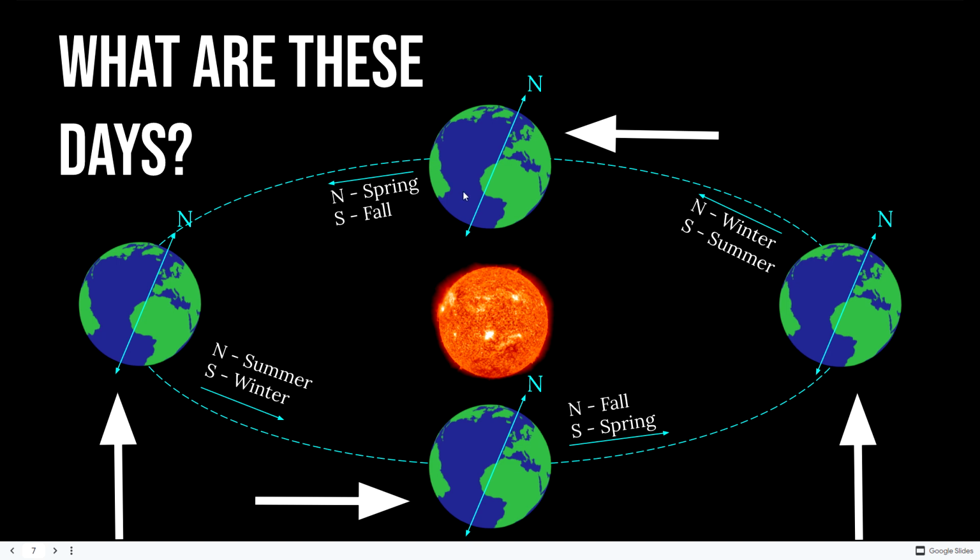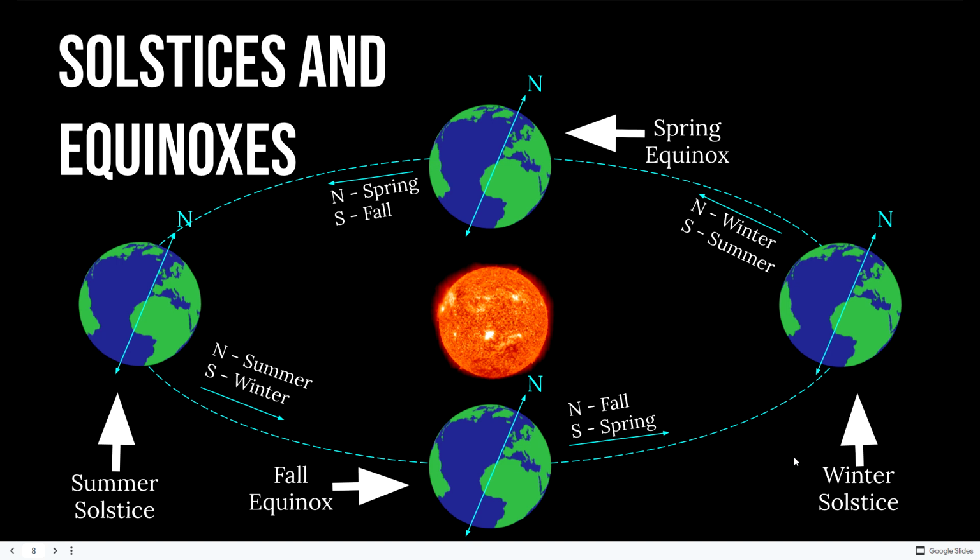So when we hit these 4 key points in our orbit, we have names for these days. You probably have heard of them before. You have a solstice and you have an equinox. A solstice is the longest and shortest day. So when you are angled closest to the sun or angled furthest away from the sun, those are going to be summer and winter solstices.